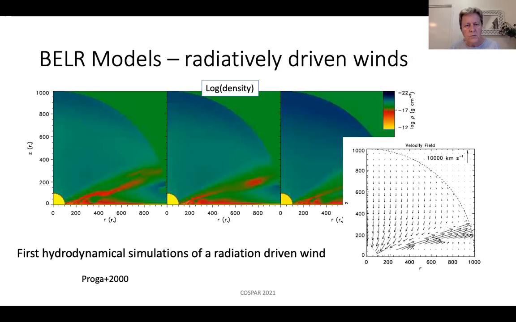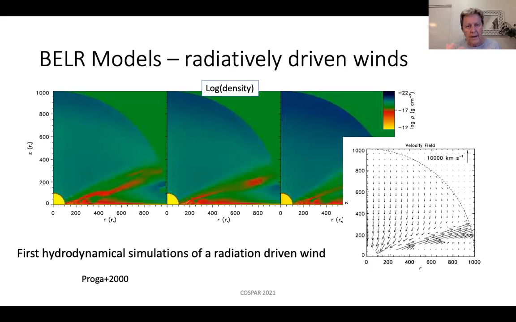Now, I just briefly want to mention the state of modeling at this point in time. Daniel Proga has been modeling radiatively driven winds, and the thing I want you to take away from this is that the winds are variable and changing with time, and it looks very much like the sort of emission that we see from the sun.